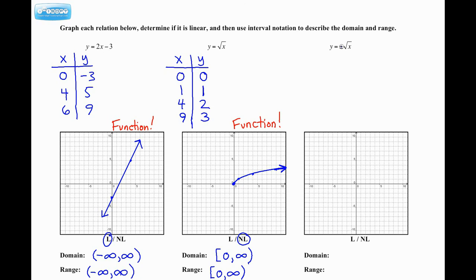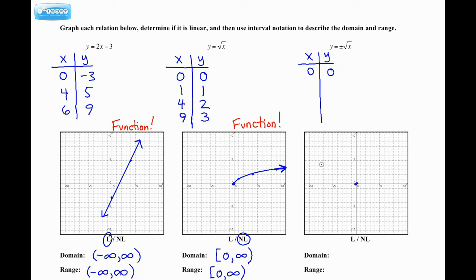All right, last example. It's very similar to the previous one, but we have a funny little symbol in front here. That means plus or minus. So we're actually given two different options. If I create a table of values, we're still taking the square root, but with my answer I can choose the positive or the negative. If x is equal to 0, y would be plus or minus 0. Well, negative 0 is still 0, so that makes no difference. So I'll still plot that here.